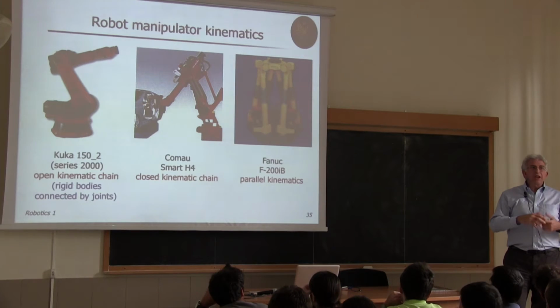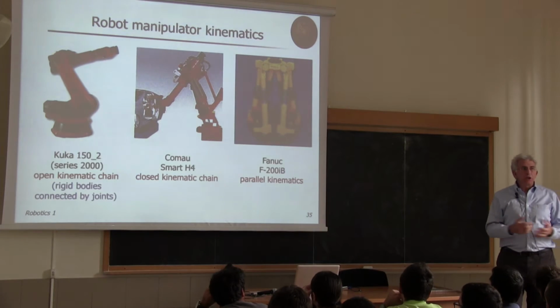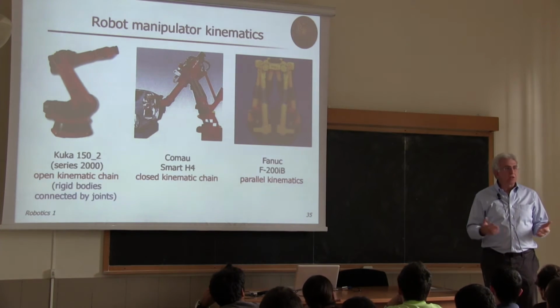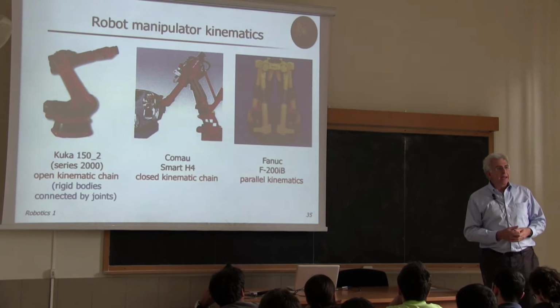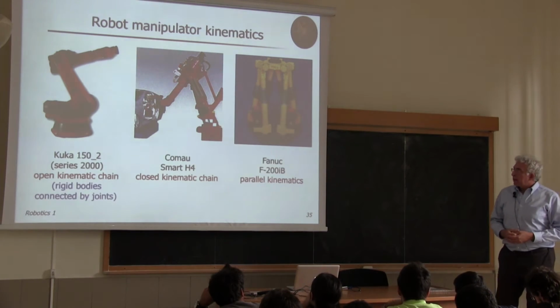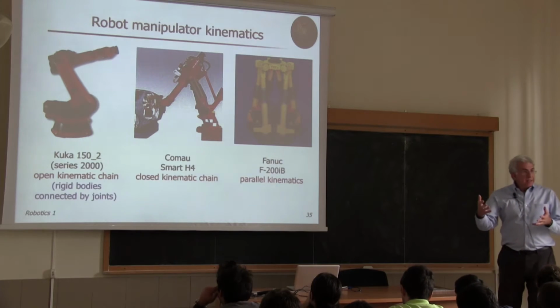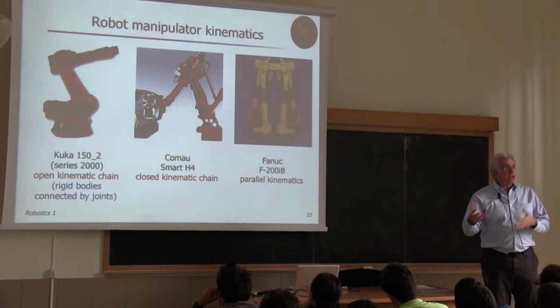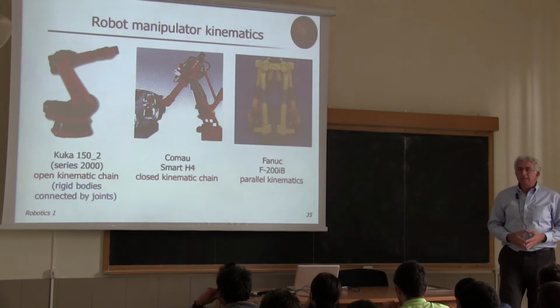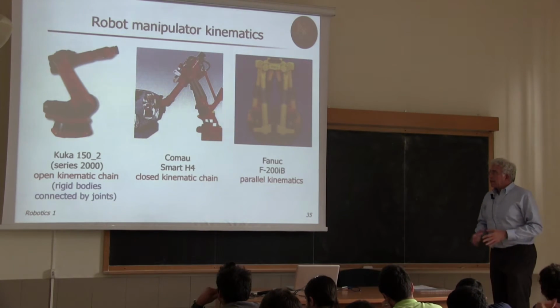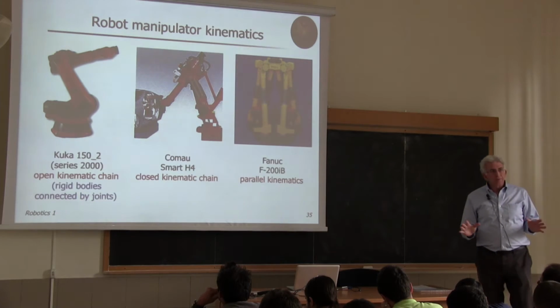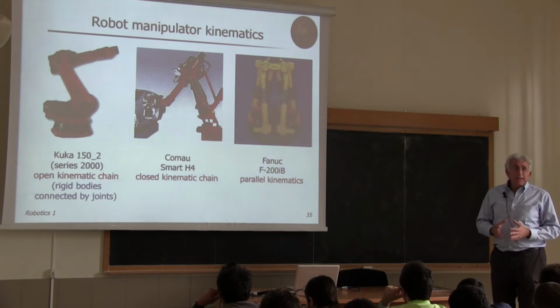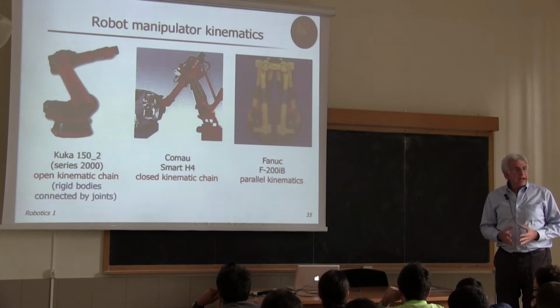We will have in general n joints. Typically n is equal to 6, but maybe any number, moving n rigid bodies. And this is the most common situation, or I would say the easiest one to analyze.